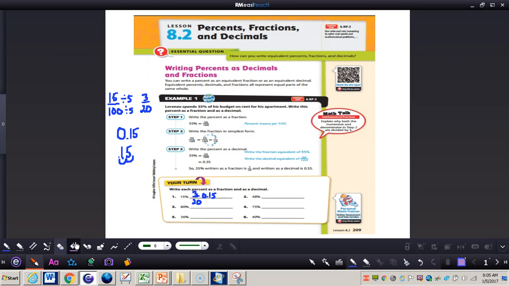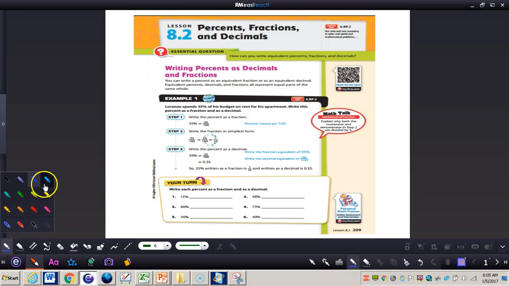Okay, let's take a look at another one. I'll erase this so we have some more room there. Let's take a look at number 2. We have 48%, so right away we want to write that out as 48 over 100 if we're turning this into a fraction.